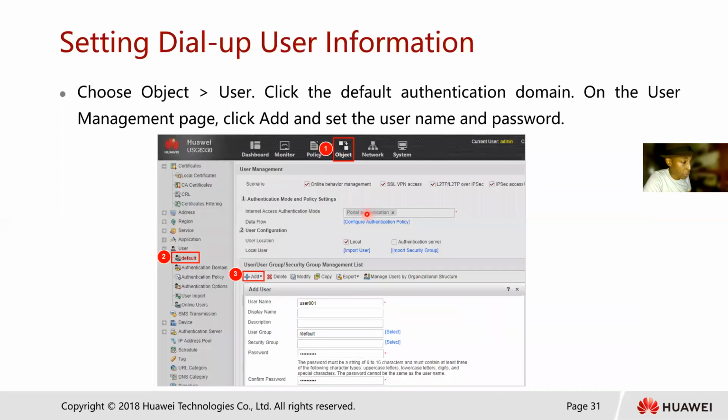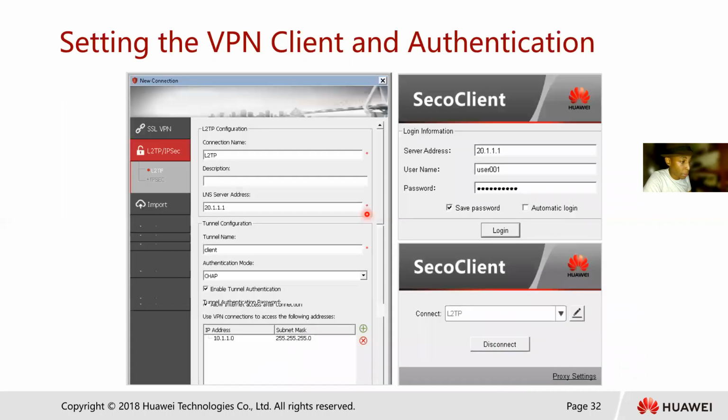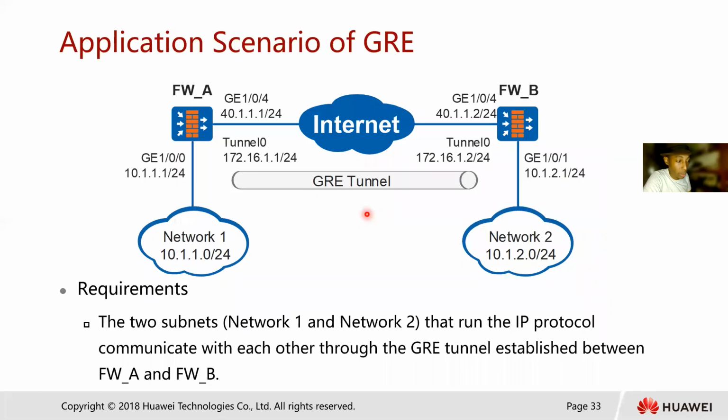You can set up dial-up user information, and also the VPN client and the authentication, so that before somebody is able to access, any VPN client coming in has to have the same client settings as the settings on the firewall.